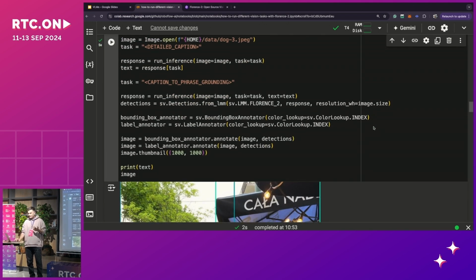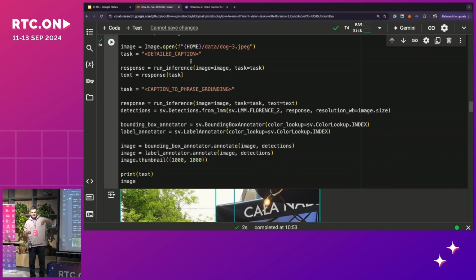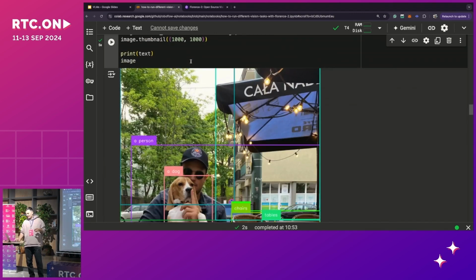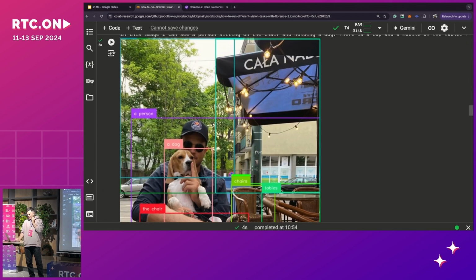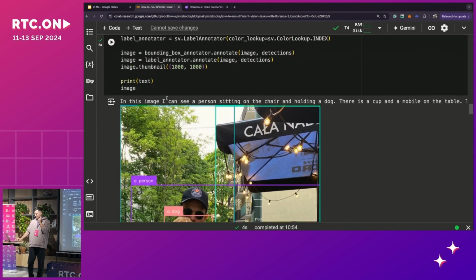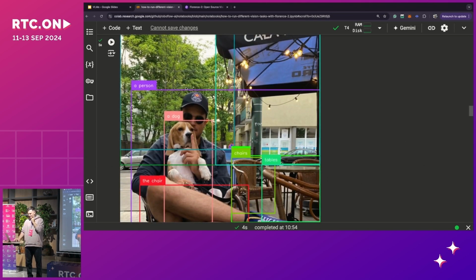And what else do we have here? You can combine the tasks, for example. You can use captioning as an input to Florence once again. So use Florence to create a caption, and then use Florence to convert the caption into bounding boxes. When we run the model, we get a description: in the image, I can see a person sitting on a chair and holding a dog. And when we look at the bounding boxes, we have a person, the chair, a dog.